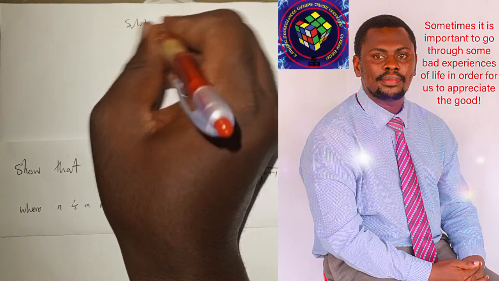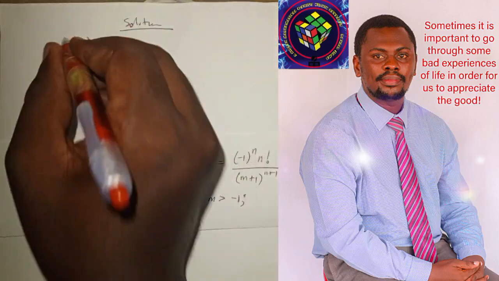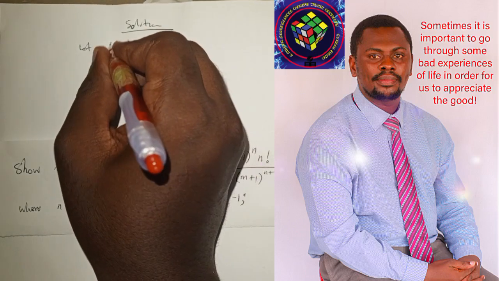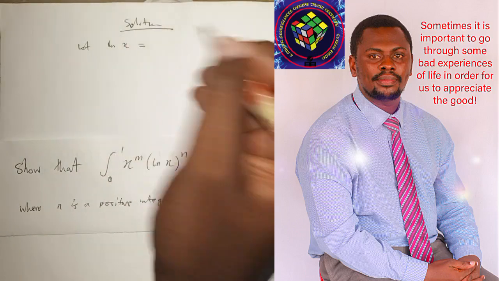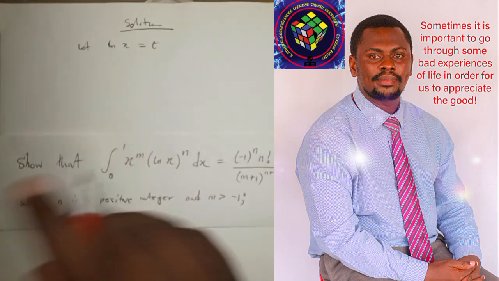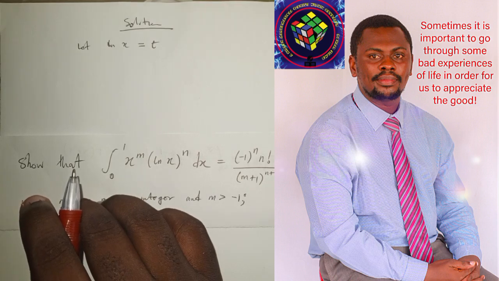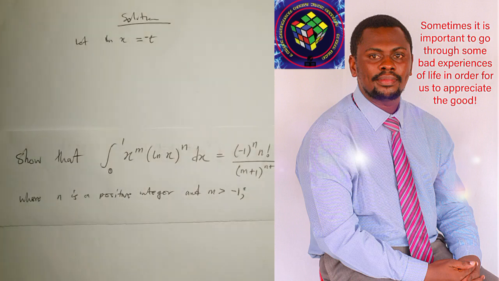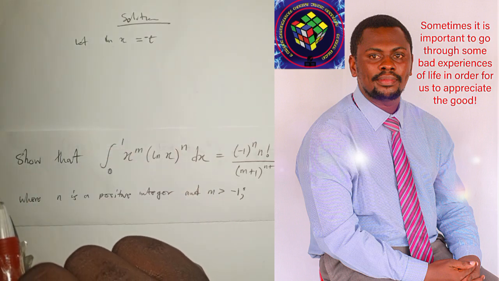Okay, so we'll say solution. We let natural log of x be equal to a single variable, so in this case, let's say t. Now in our definition, the exponent is supposed to have a minus, so let's put a minus there. Then next step, to get rid of the natural log, we introduce the exponent.